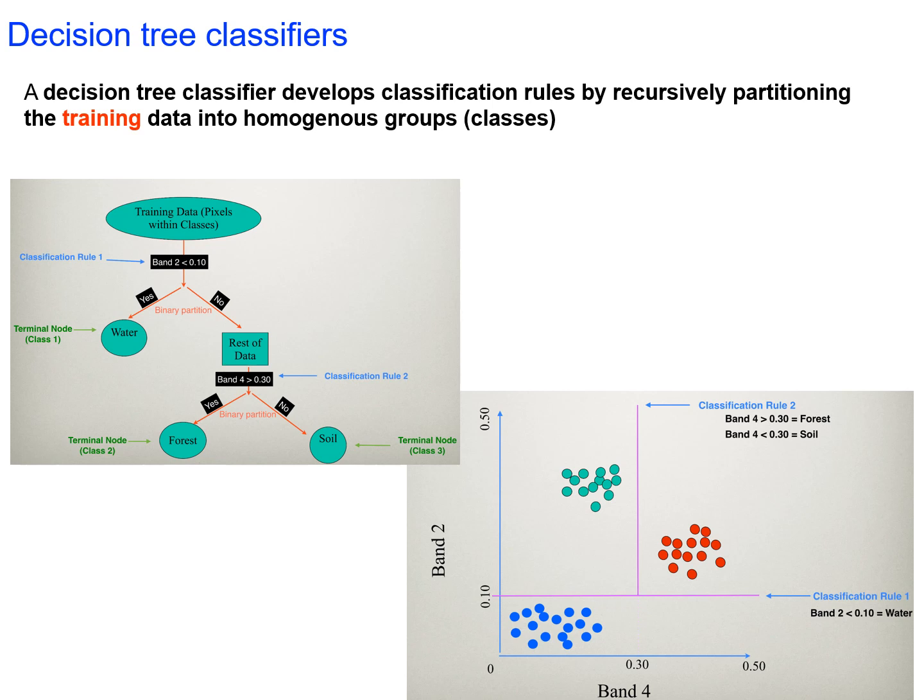And going back to the upper left-hand figure again, under the rest of the data, we have our rule there, band 4 greater than 0.3, and if it's yes, it's a forest. If it's no, then it's a soil. Those final determinations are in the tree structure known as terminal nodes. So that's where your classification comes out.